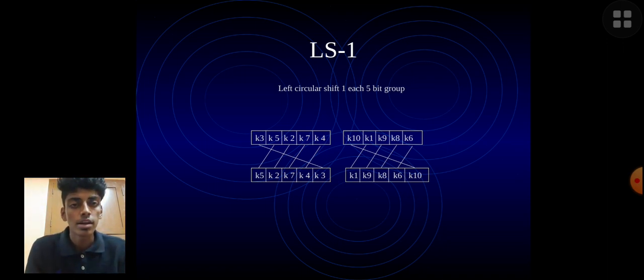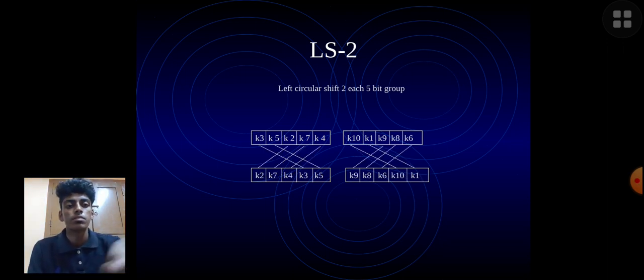K3 goes to the last position of the first 5 bits, and in the next 5 bits K10 is shifted to the last position after K6. For LS2, it is the same process as LS1, but instead of 1 bit we take the first 2 bits and shift them to the last. Again in the second 5 bits, the first 2 bits are shifted to the last.